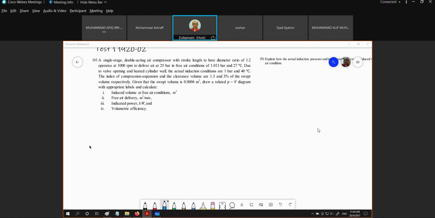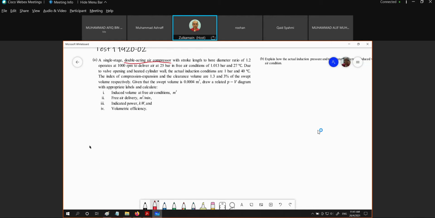And remember, you must take note that this is a double acting air compressor. Meaning what? Double piston? Not double piston, double acting. It's single stage, only one piston, but it's double acting. Top and bottom, we have two deliveries in one rotation.